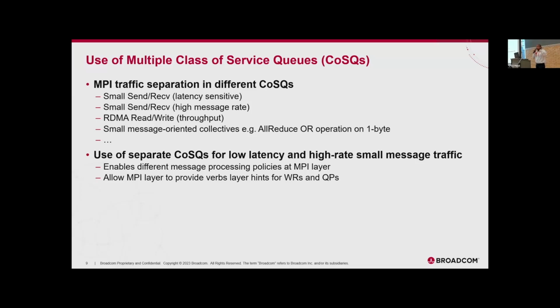If the upper layer library, MPI, and the verbs library can take advantage of that, you can do this when you create a queue pair from the MPI library. You can say, I'm going to create this for low latency, so put that in a separate class of service queue. Or you can create a class of service profile at the beginning from the MPI library, saying I want to use three or four classes of service.